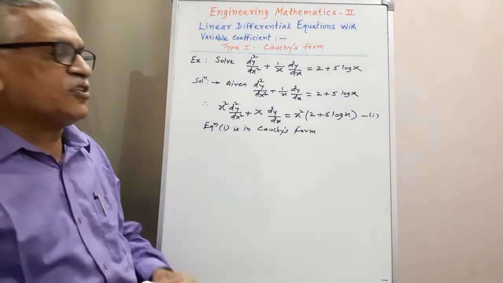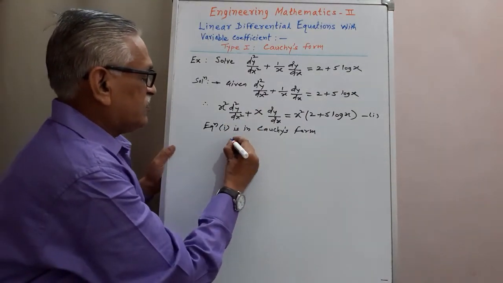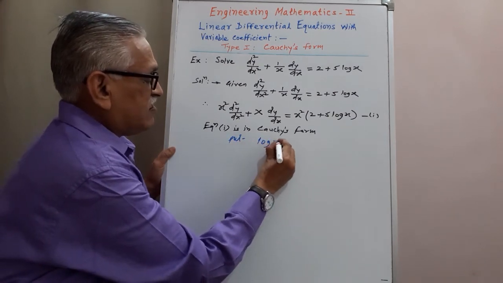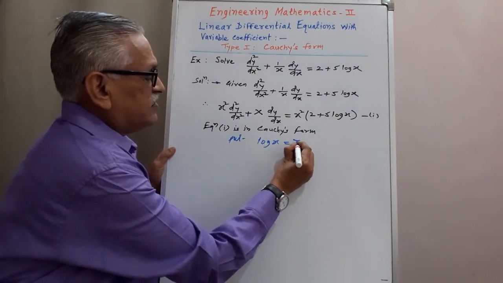And as it is in Cauchy's form, we just substitute log of x as z.